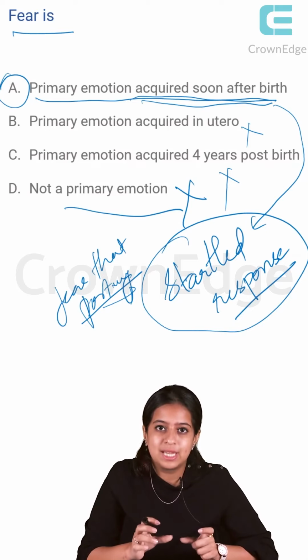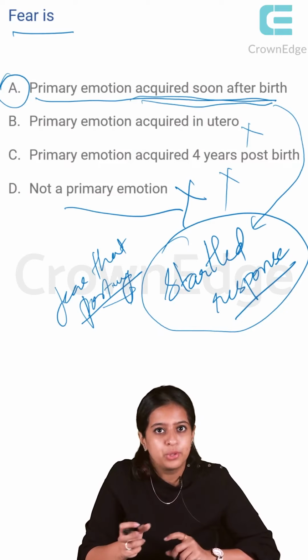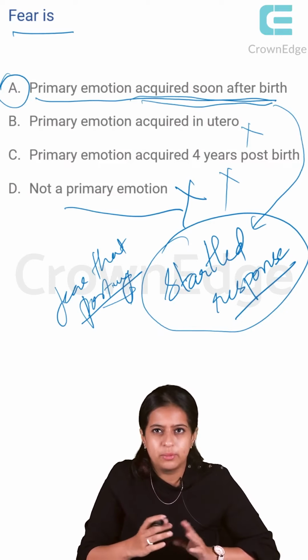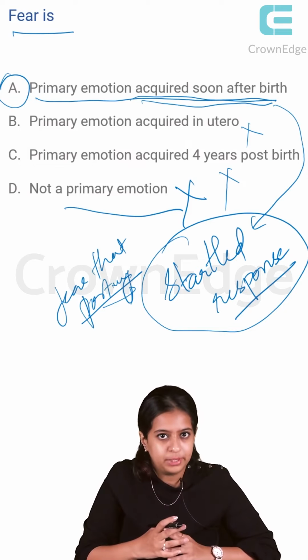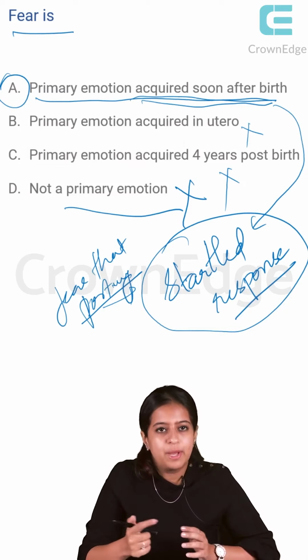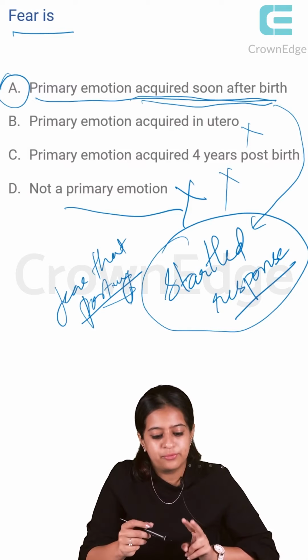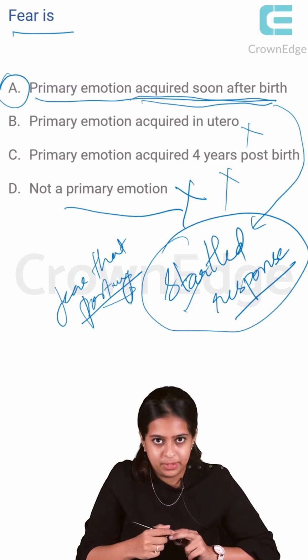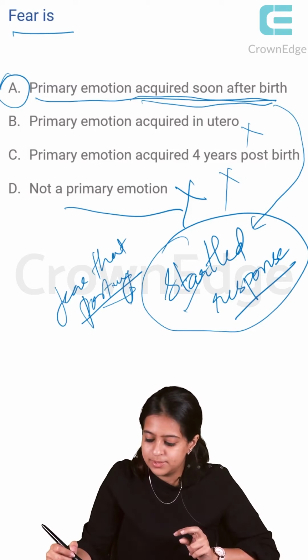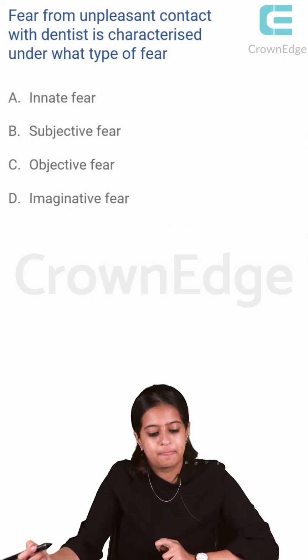So separation anxiety is a very classical feature of a 2-year-old; not exactly 2 to 6, 2 to 4 years old it is more predominant. Every age group has a certain type of fear, and the very important ones are the startled response and the separation anxiety. All right, so let's move on to the next question.